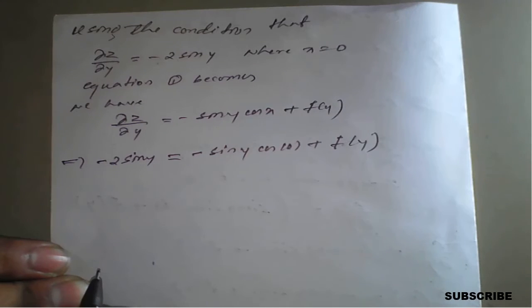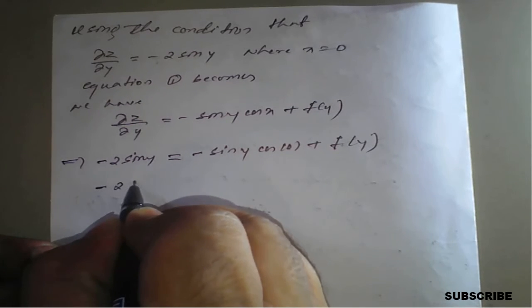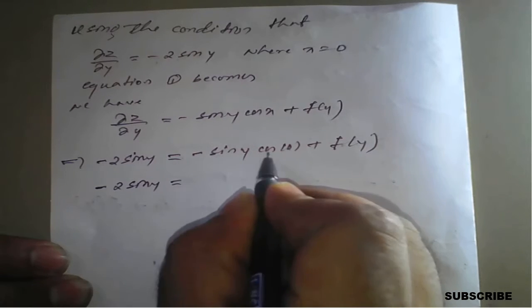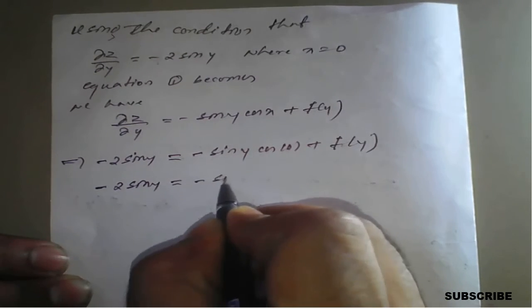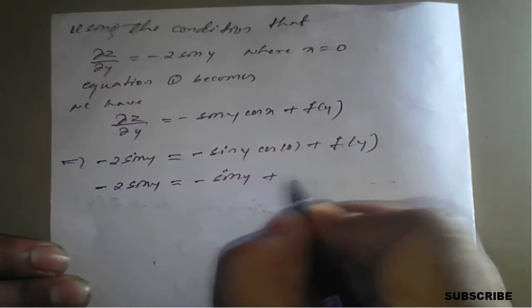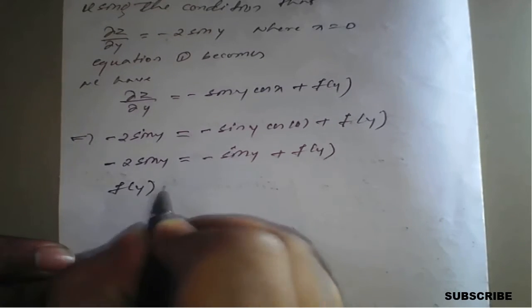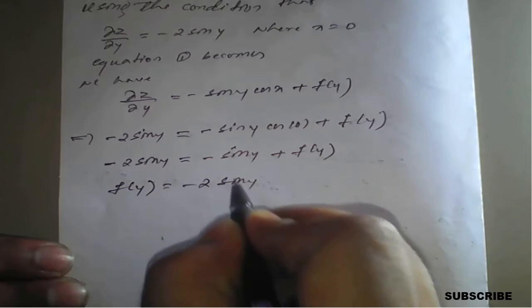Okay, so now what happens we'll see. Minus 2 times sin y is equal to cos of 0 is 1, so 1 into minus sin y is minus sin y plus f of y. We'll keep f of y here only, that is f of y is equal to this minus 2 sin y.